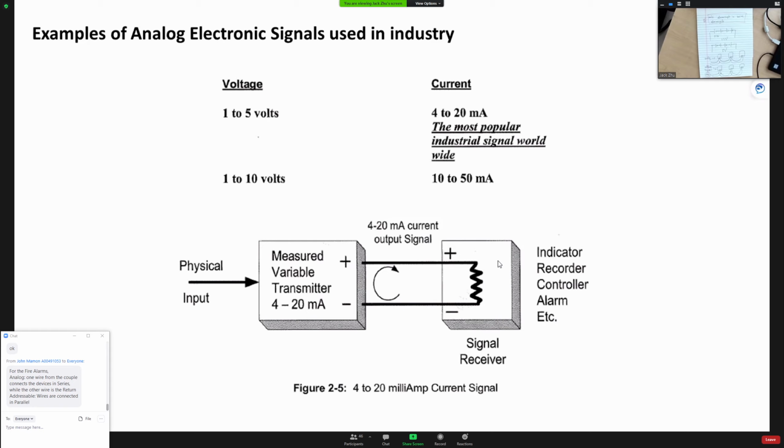Then depending on that voltage down here, it knows what the output current is. Then this output current is in a linear relationship with whatever the input to this transmitter is.